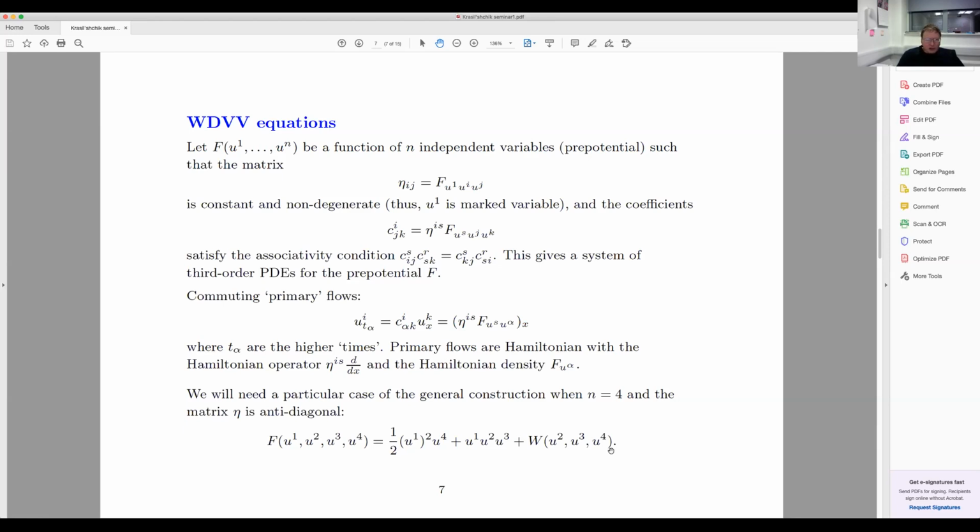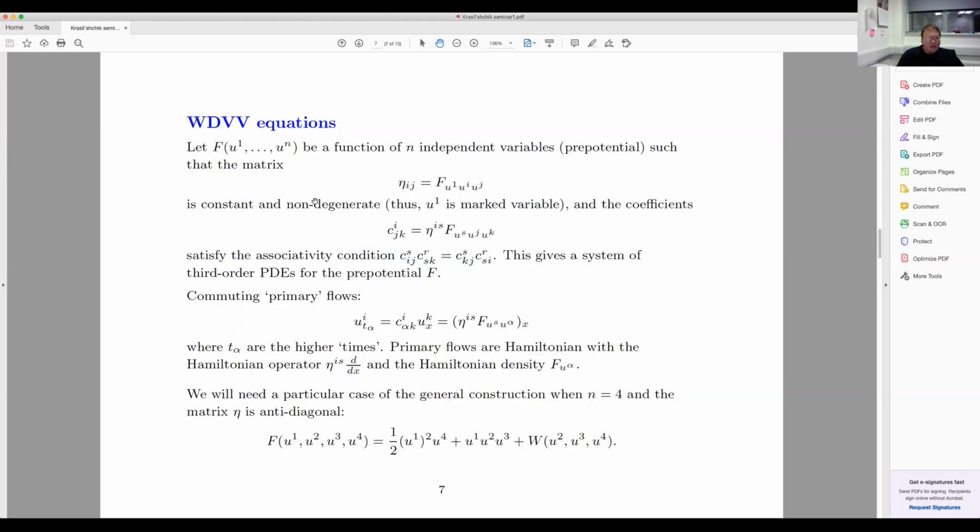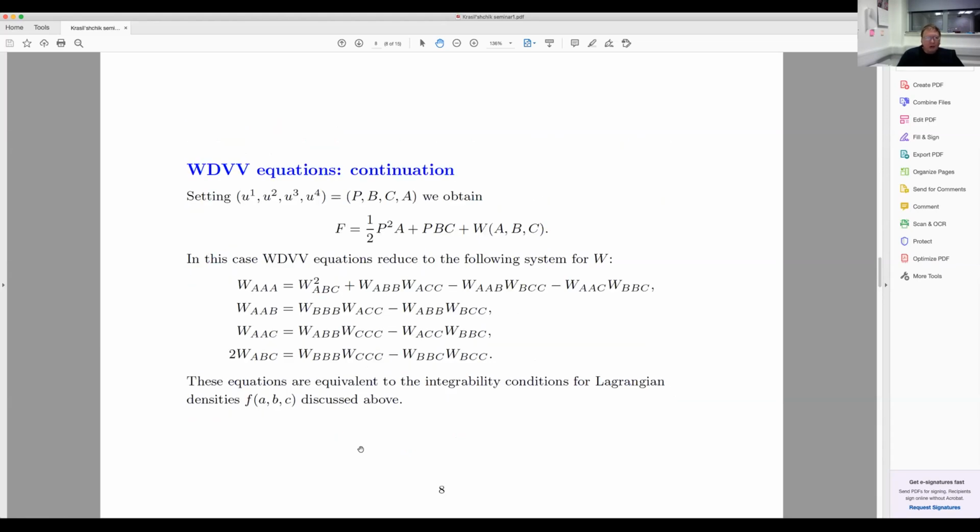Okay, let me continue with WDVV equations. Now I will write down the associativity condition. To comply with my previous notation, I will introduce U1, U2, U3, U4. Remember, these are the arguments of F. I will call them now P, B, C, and A. Then my prepotential takes this form.